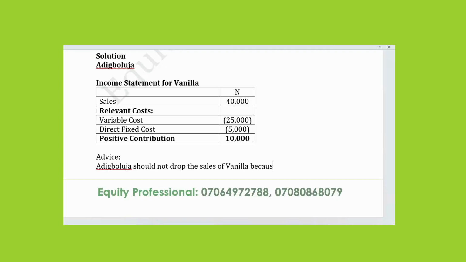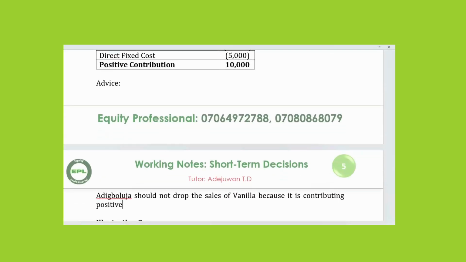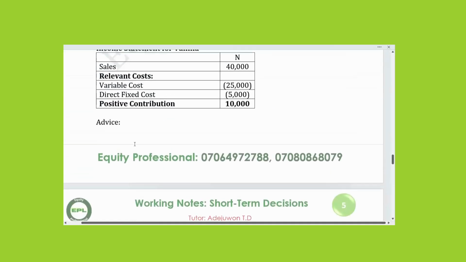Because it is contributing positively towards the recovery of the company's general fixed overhead and net profits. That's why they should not delete it. Okay. That's our advice.